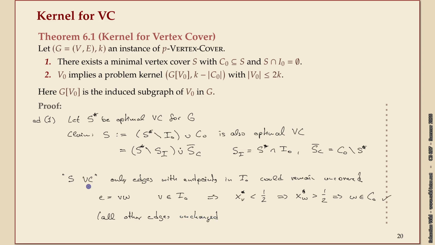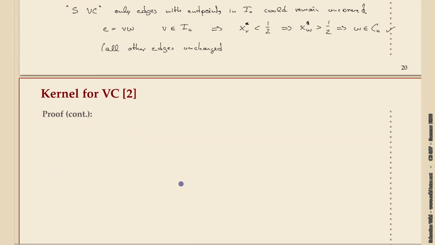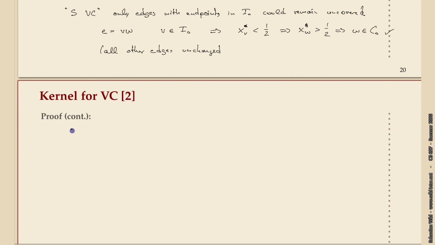So that proves that our constructed set S is indeed a vertex cover again. That's good. Then we continue here with the claim that the size of S is the same as the size of the optimal solution, which means it's also an optimal vertex cover.